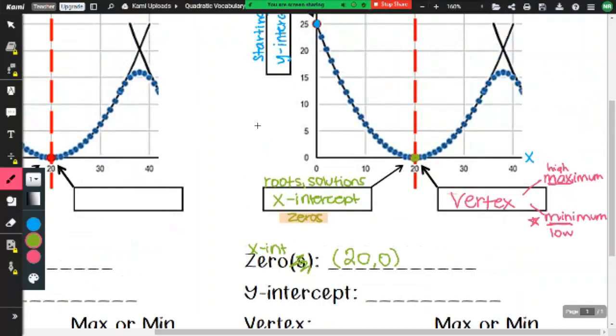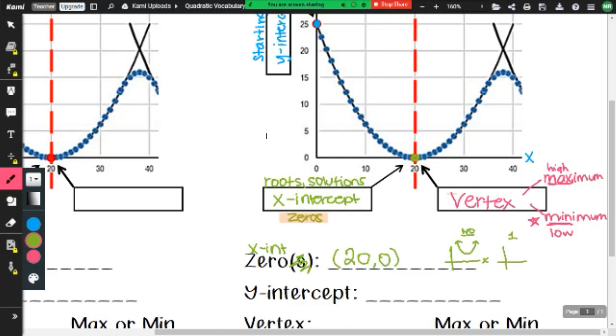Now you do have a little bit of space here to the side, so I'm going to draw some mini graphs. Okay, so this is my x and my y-axis. If my parabola does not touch the x-axis, that means there is no roots. Okay, if we have one root, you should be drawing this.